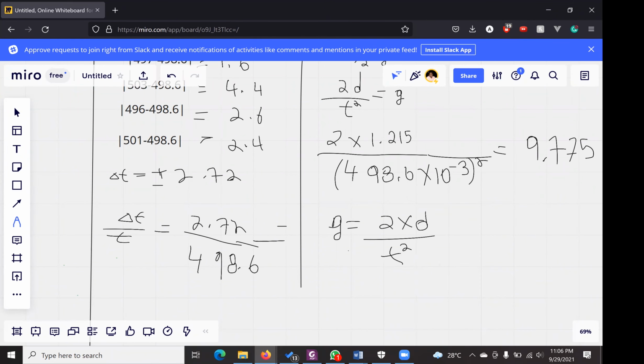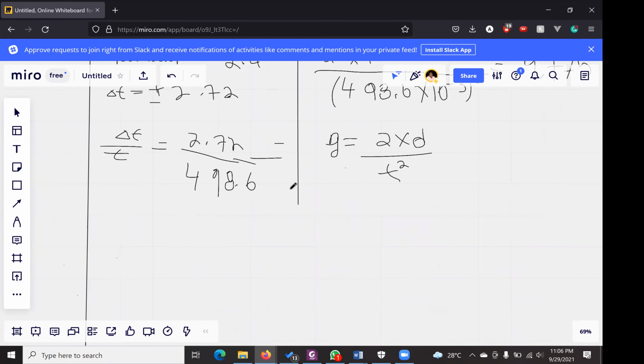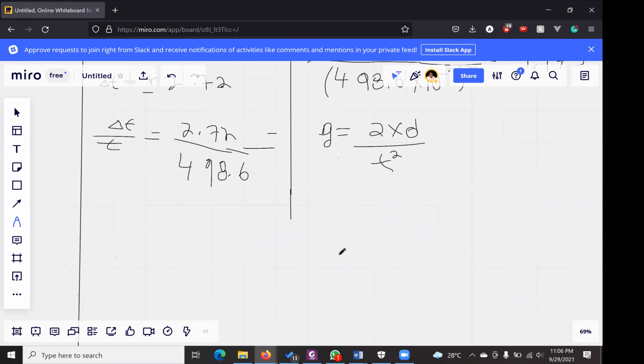Let's see what people left. Hope the others who sit down here can figure it out. Open question: who can tell me how I'm going to find the fractional error in g?